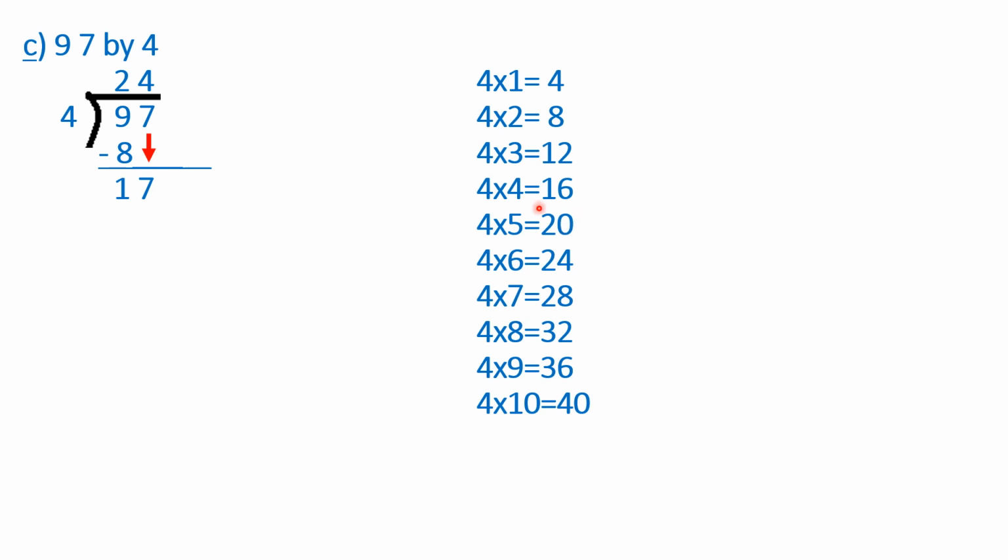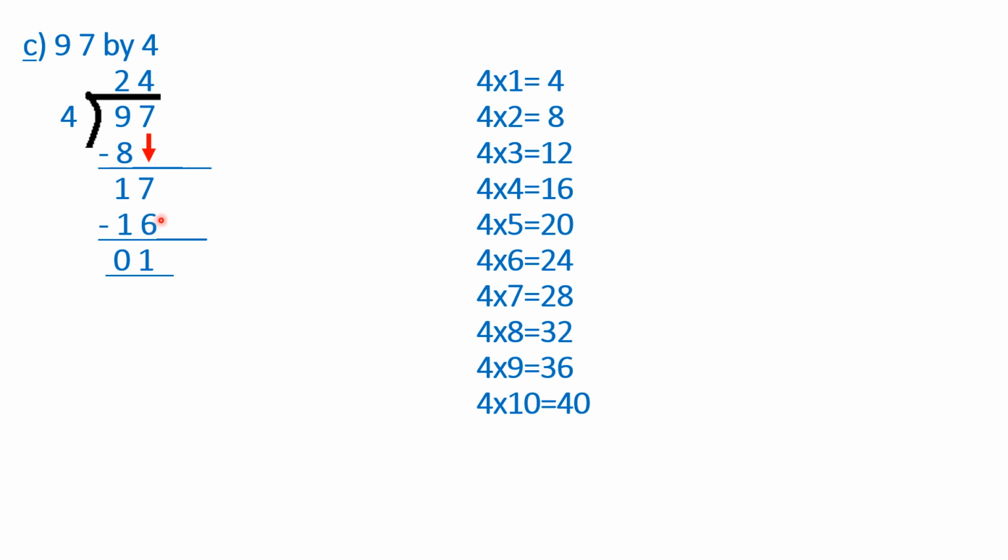So 17 comes here. Now tell me, will you apply this 20 or this 16? Yes, you will apply this 16 because 16 is just lesser than 17. So 4 4s are 16, and you write here 16.